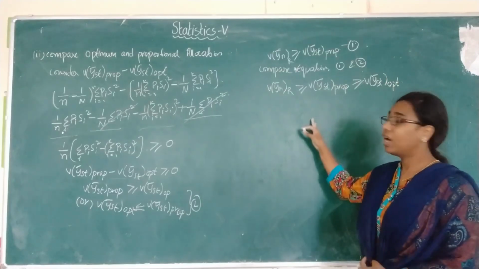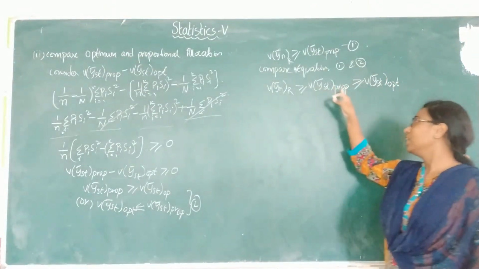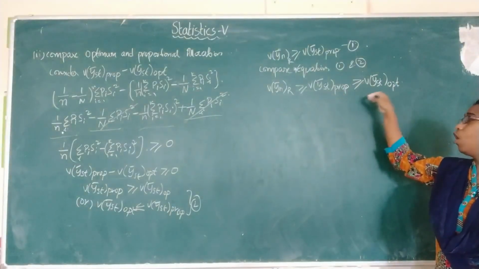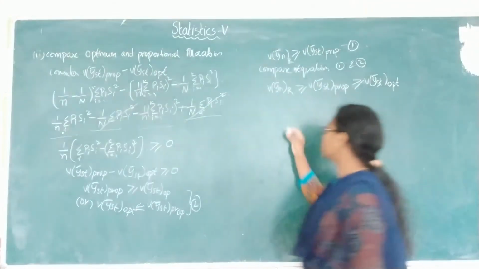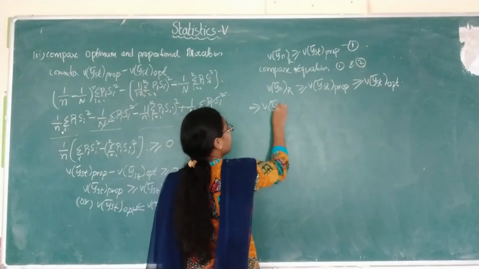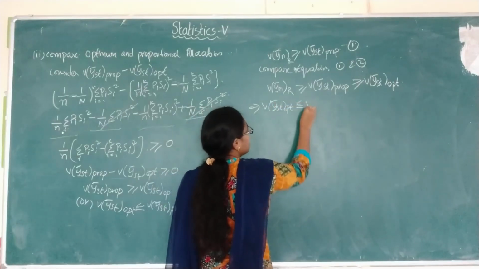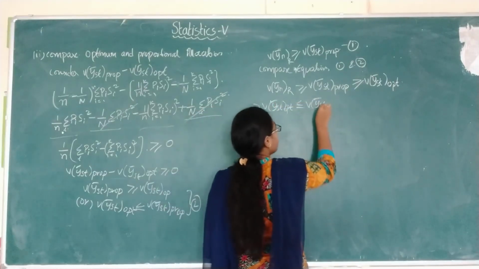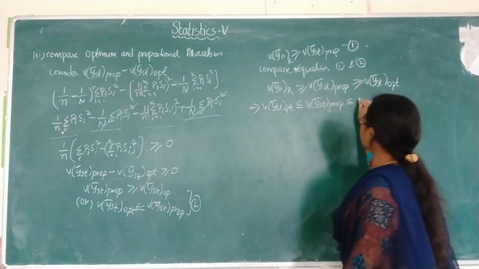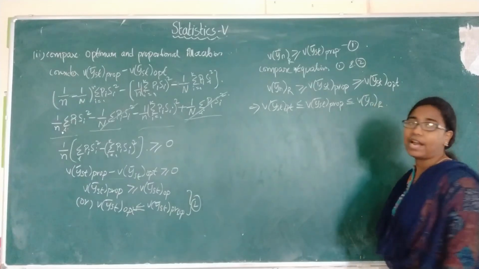So we got that the random sampling variance is more than the proportional allocation variance, which is again more than the optimum allocation variance. So this can be written as variance of y bar st under the optimum allocation is less than or equals to variance of y bar st under the proportional allocation is less than or equals to variance of y bar n under random sampling.